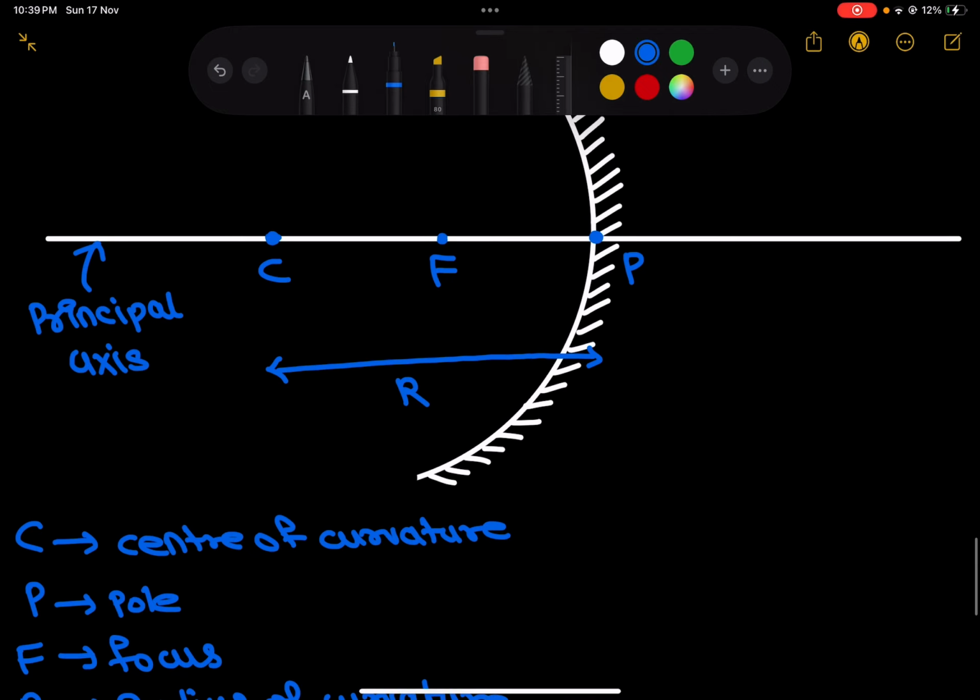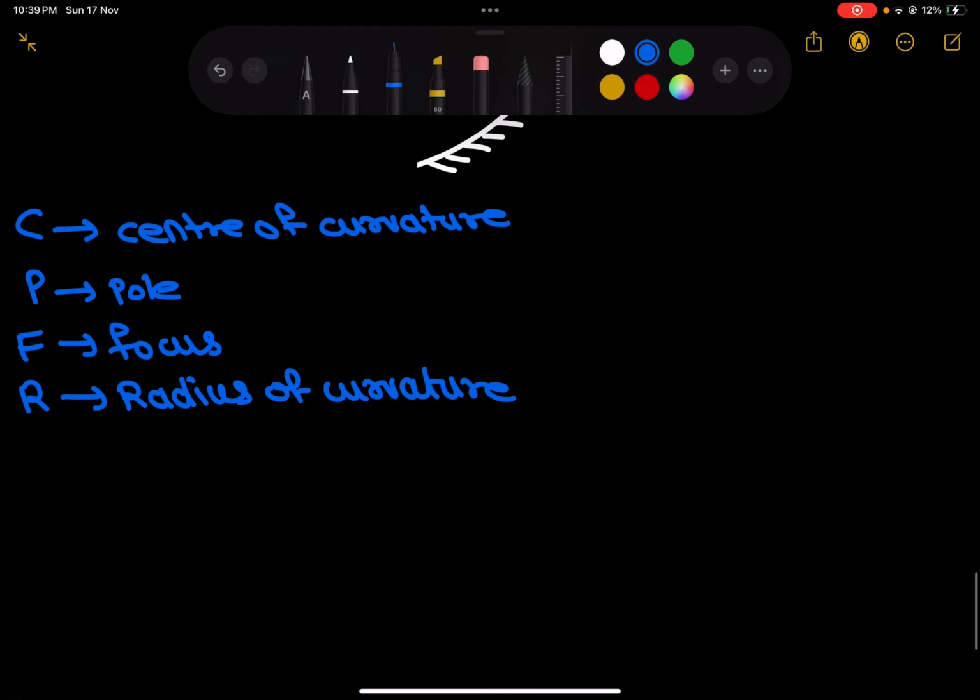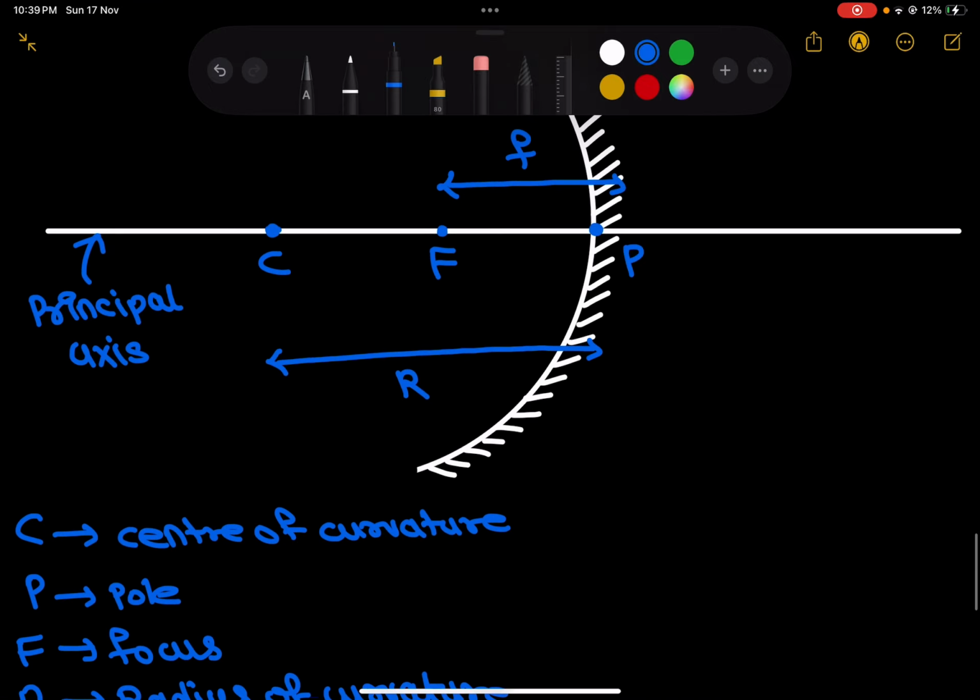And the distance between focus and pole is known as focal length. It is represented by small f, focal length. Okay, understood this much? Now I'll tell you what focus is.